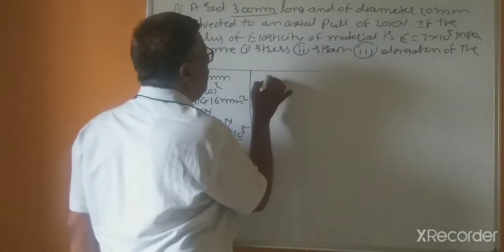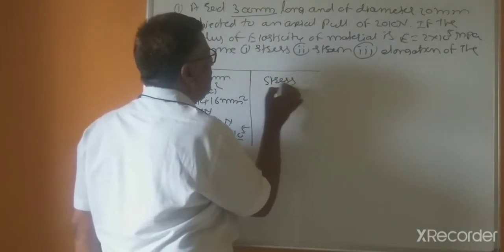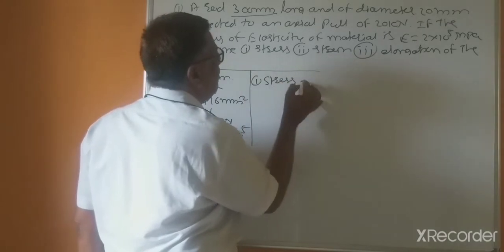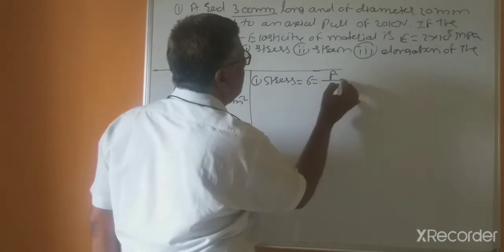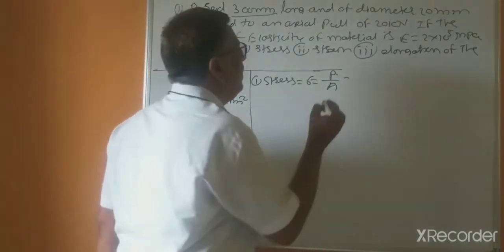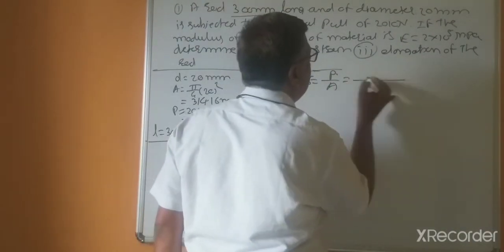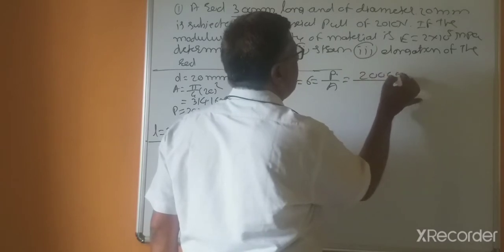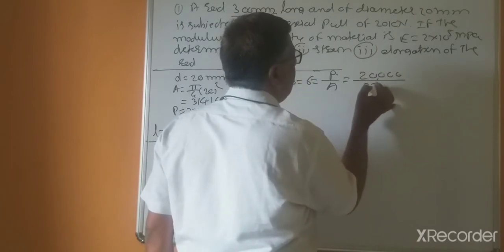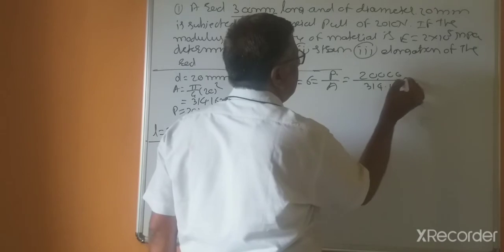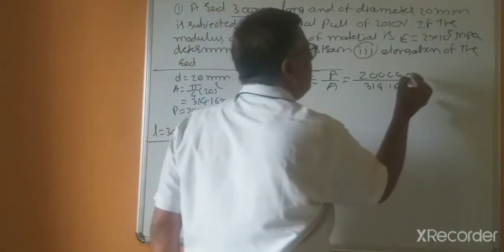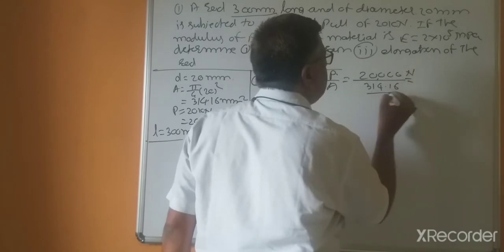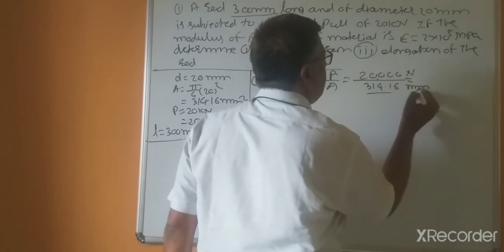So first, stress, what is the formula? P by A. So P equal to 20,000, area 314.16. So stress, the unit, this is Newton and this is mm square.